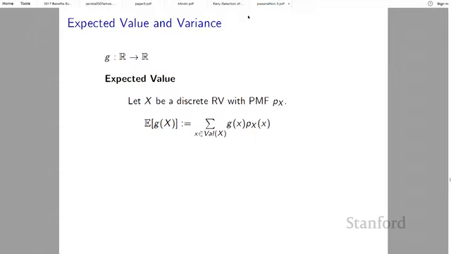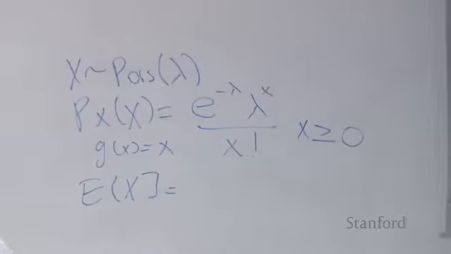Sorry, I forgot to write, x is greater than or equal to 0.